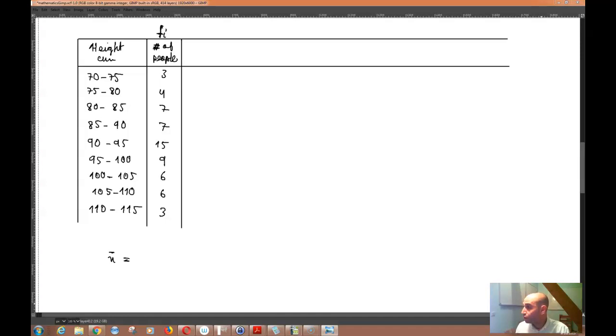We said that, I have this somewhere over here. Okay, so if you want to calculate x bar using the shortcut method, we said that x bar is equal to a plus h times y bar.